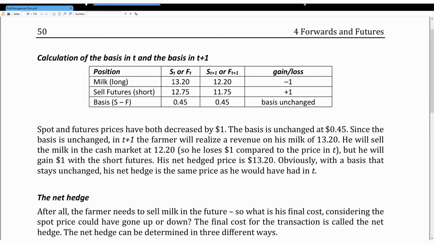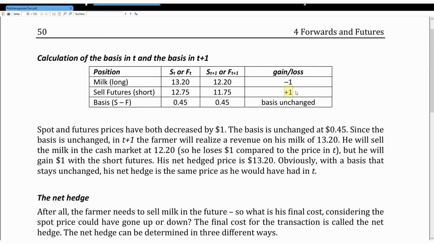So from 13.20 to 12.20, he will lose $1. With the futures, he is short, so he profits from declining prices. The price for the futures goes from 12.75 to 11.75, so he's actually winning $1.